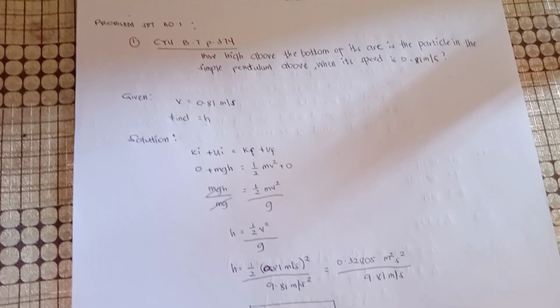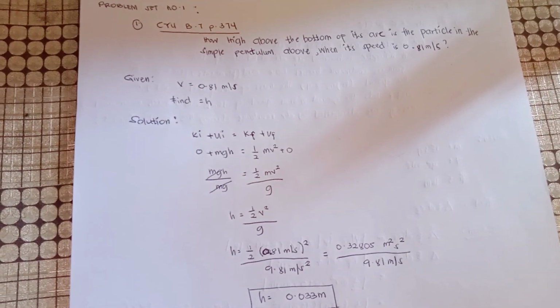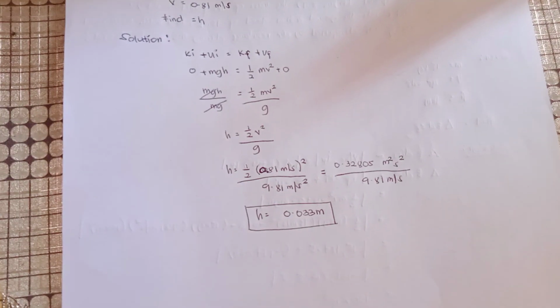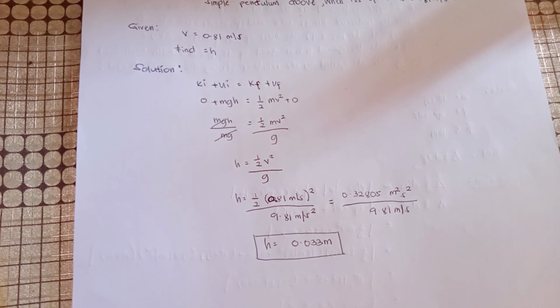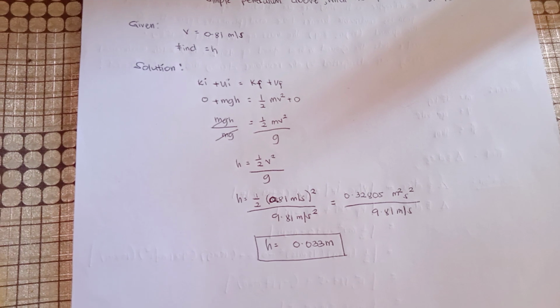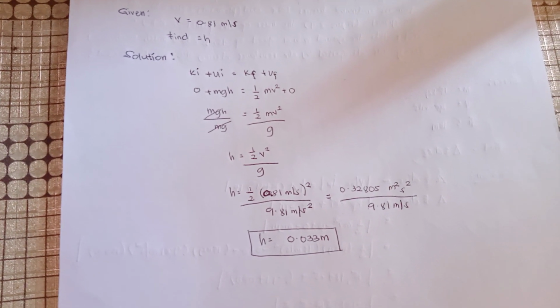Given is the velocity, which equals 0.81 meter per second, and let's find the height. Solution: kinetic energy plus potential energy equals Kf plus Uf. So 0 plus mgh, since the kinetic energy is 0.